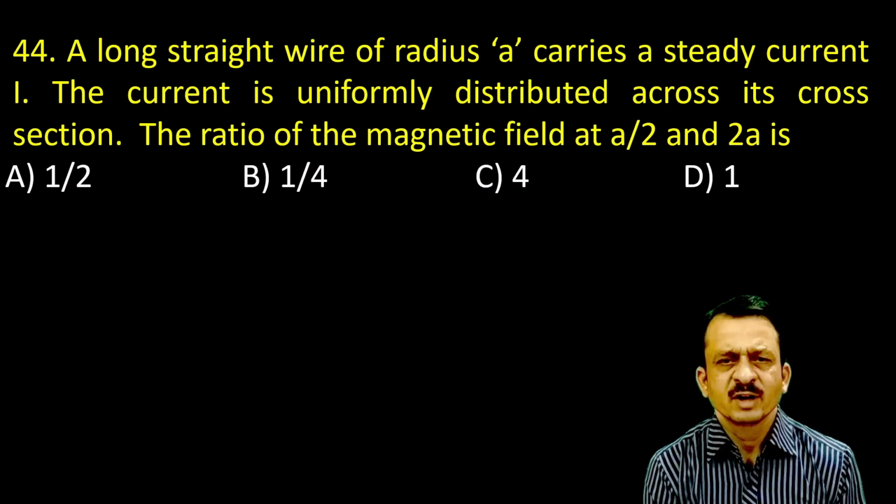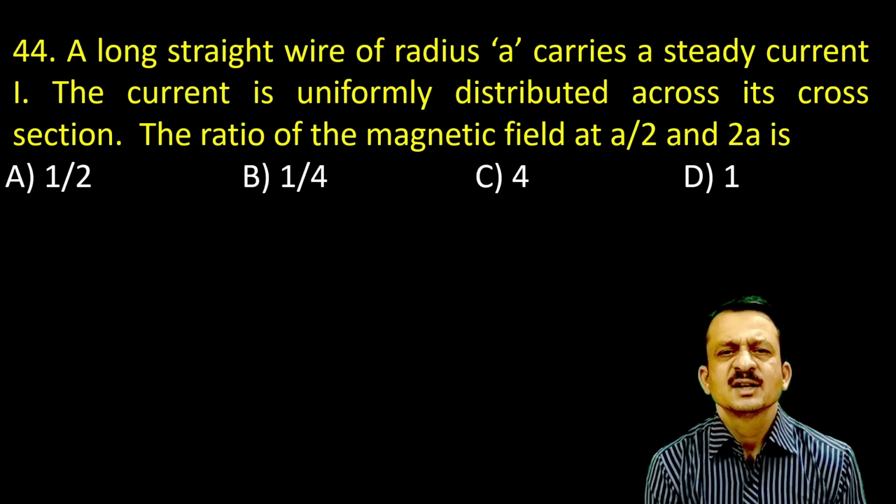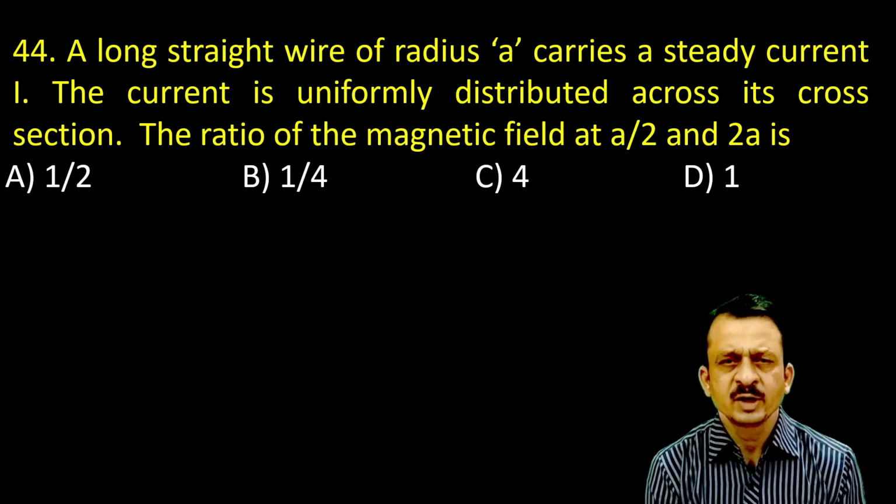Now they have given a wire carrying a current, and this has a uniform cross section. That means current is uniformly distributed. Now here we have to calculate the magnetic field at a distance of A by 2, that is inside the conductor, and at a distance of 2A.